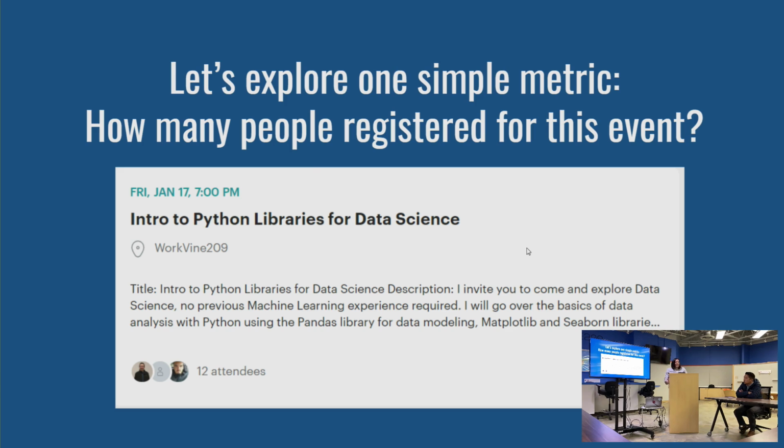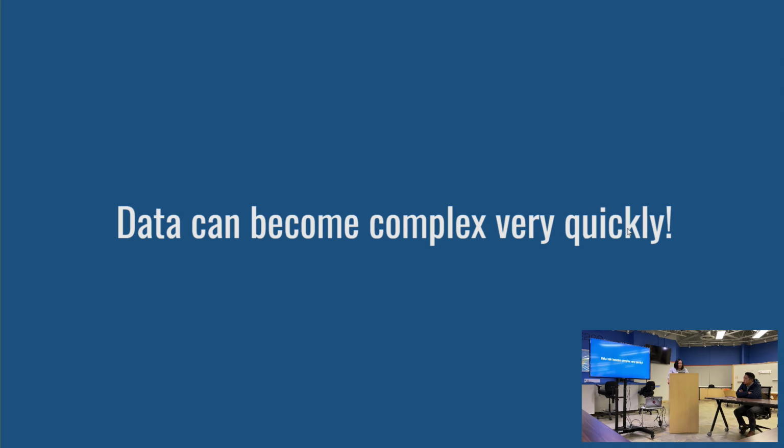If I tried to access this data to put it into some kind of report, I'd come into some issues because I'd probably have to download the data. I don't think the site has an API or anything. So automating the access to the data would be the only challenge that I could think of. But it gets complex very quickly.